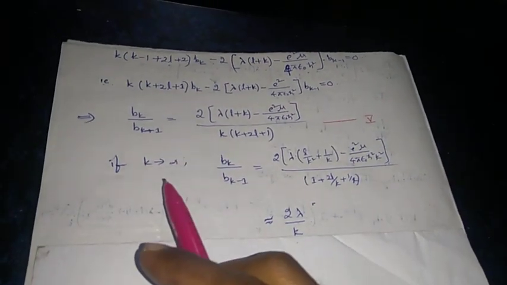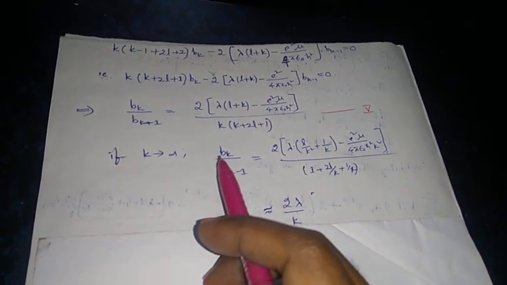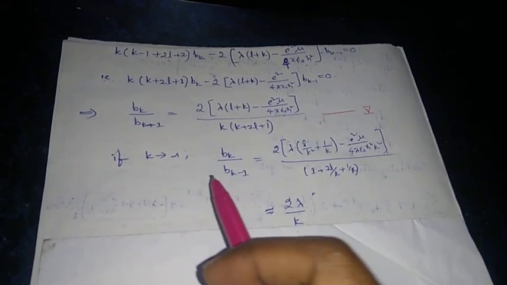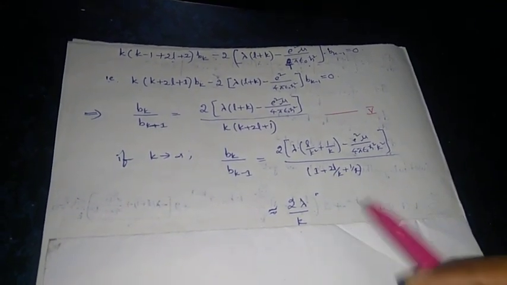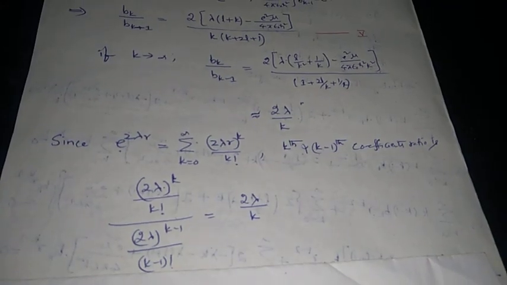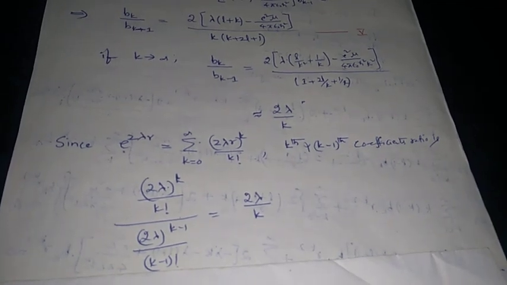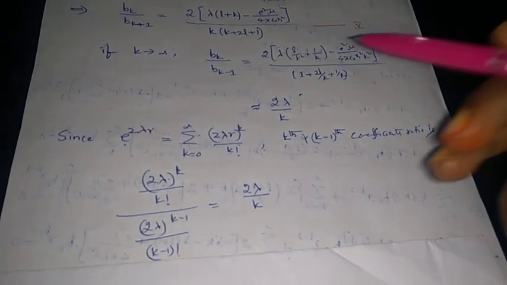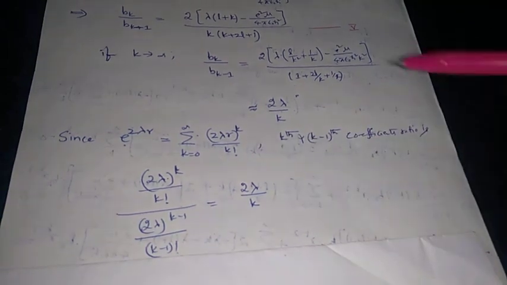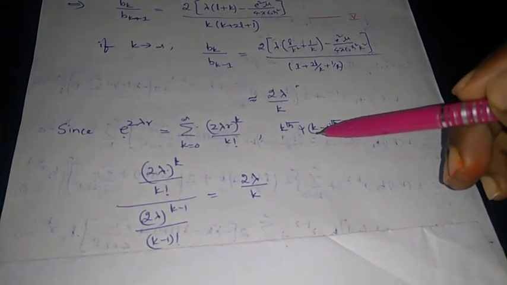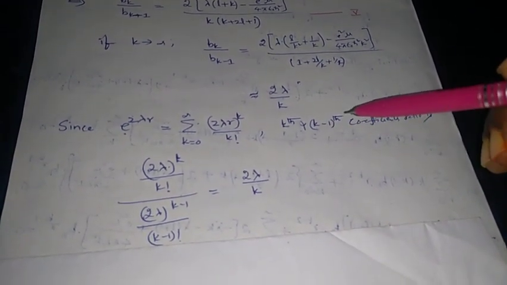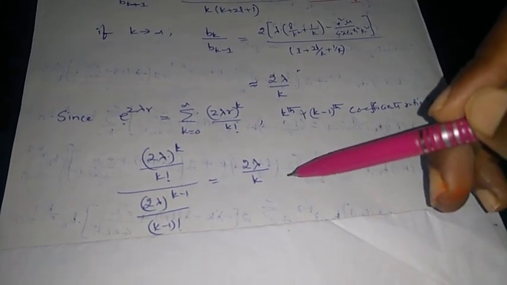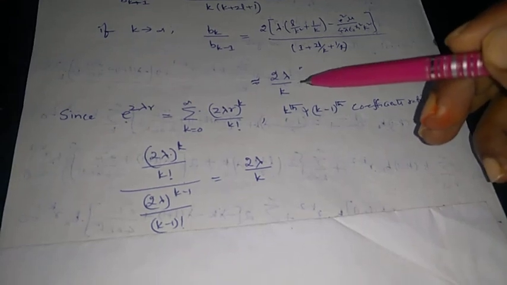And in the limit of k going to infinity, this b_k divided by b_(k-1) will actually look like 2λ/k. And for exponential 2λr, which can be expressed as this summation, if you take the ratio of the kth term and (k+1)th term, we see that it will be 2λ/k, similar to what we had earlier.